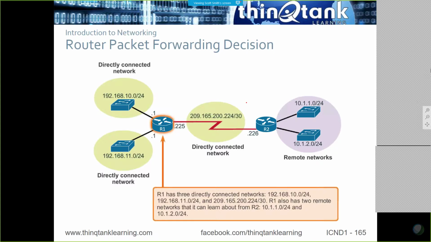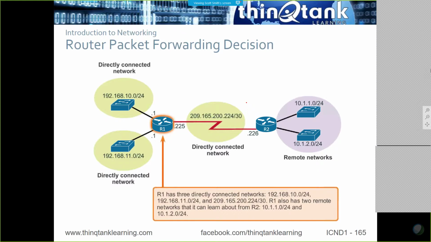So, the goal of a router, as I mentioned before, is to take the packet coming in on one interface and switch that packet or route that packet to another interface. That's what routing is. What does a router look at to make that decision?